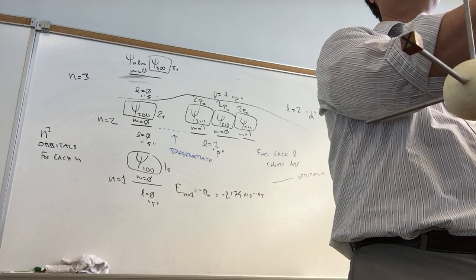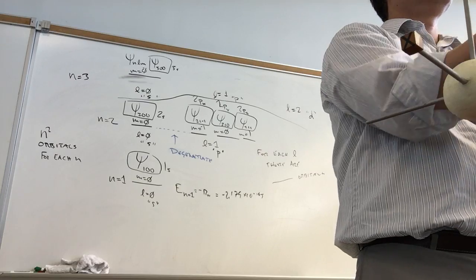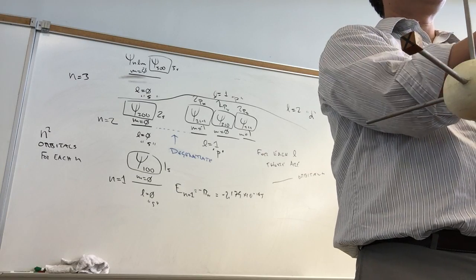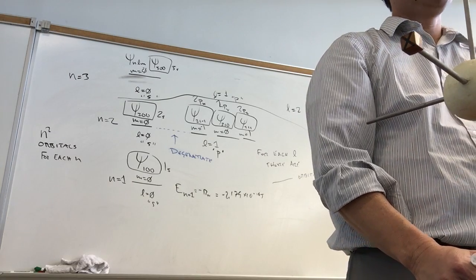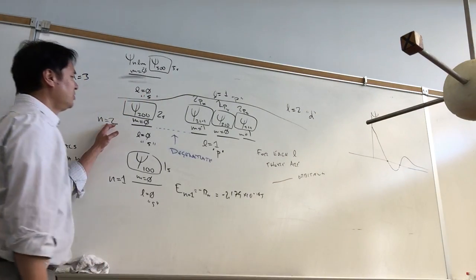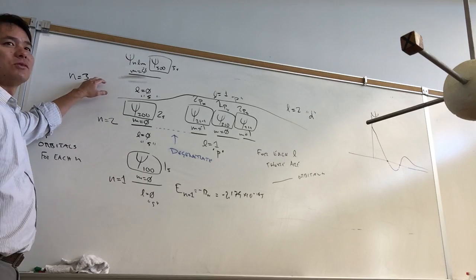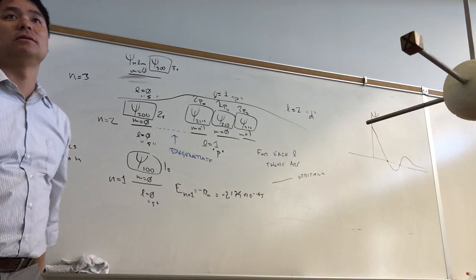One side is positive amplitude, the other is negative, so we put a plus and a minus to show that for the wave function. So n equals 2 has 1 node, n equals 1 has 0 nodes, and n equals 3 should have how many nodes?